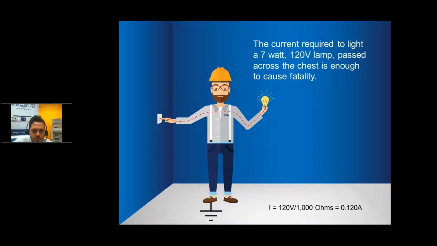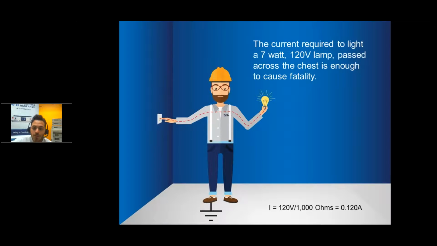If we're a 1K ohm resistor, and I come into contact with a wall outlet, well, the current required to light a simple 7-watt 120 volt lamp passes across the chest is enough to cause fatality, because if we do the math, 120 divided by 1K, well, now we are at 120 milliamps.